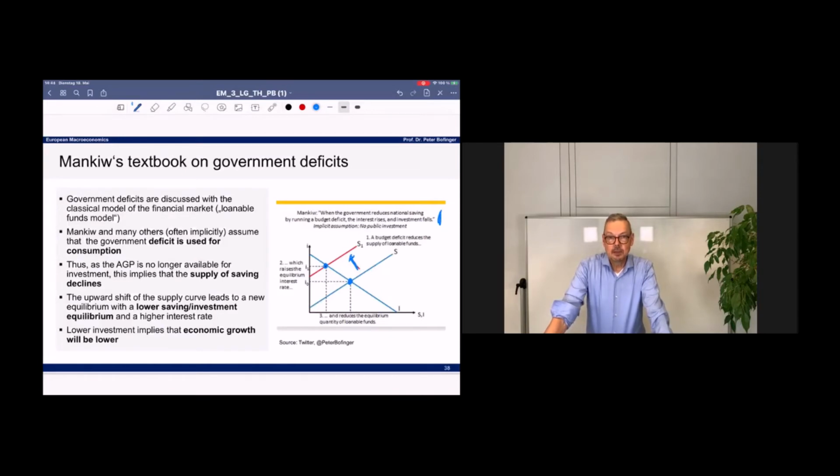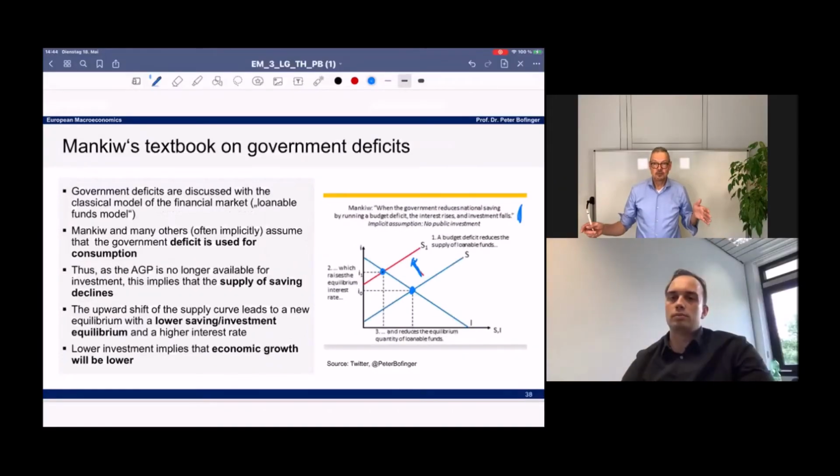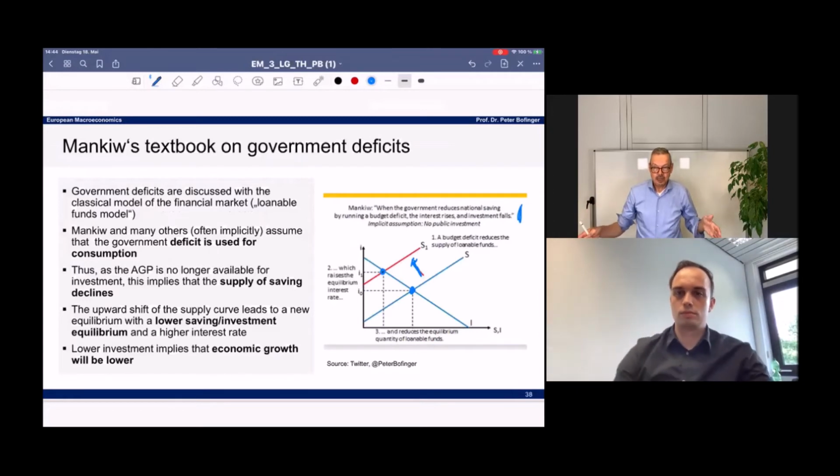It will not be possible because of these strange models which say when the government runs a deficit, national saving is reduced, the interest rate rises and investment falls. So this is a kind of crowding out logic, which is in the minds of many politicians, and which then leads to very suboptimal results.